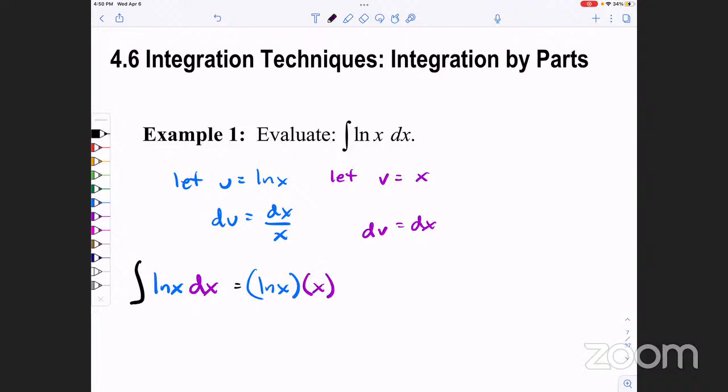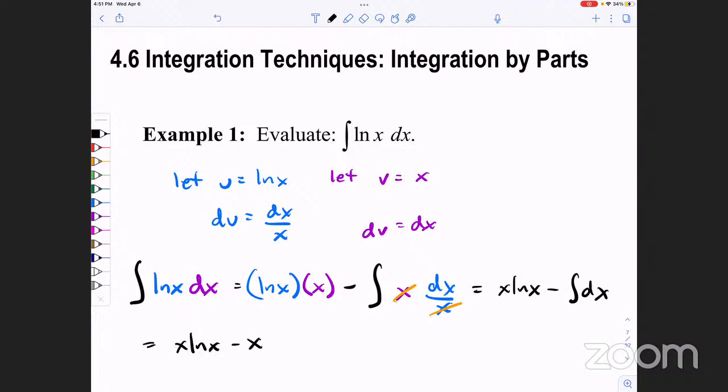Then we're going to say minus the integral of, that was uv, so now we're doing v du. So it's going to be the integral of x dx over x, right? Which we can simplify. It looks like these cancel. Then it looks like we have x ln x minus the integral of dx. The integral of dx is x. So it looks like we get x ln x minus x plus some constant.